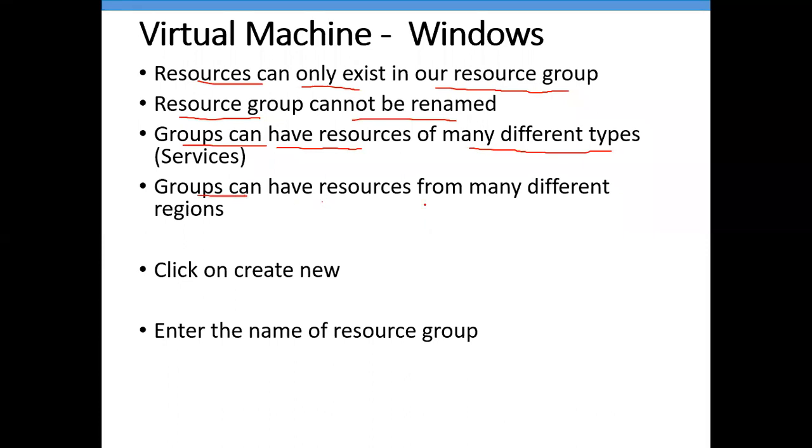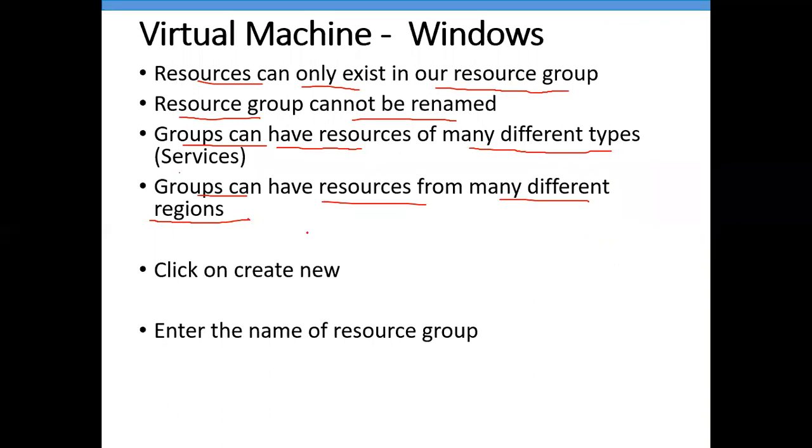Resource groups can have resources from many different regions. Now, what is the meaning of that? This is an interview question, they can ask you. What they can ask you is: is it possible to create a resource group in one region and my resource in another region? The answer is yes, you can do that.